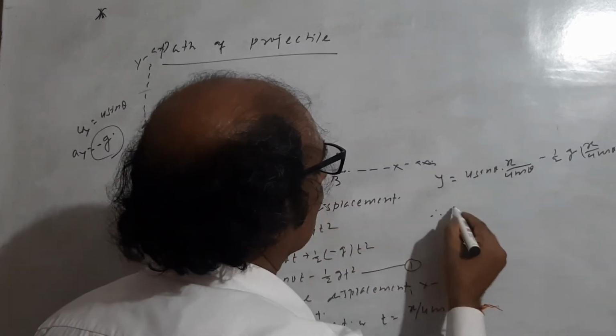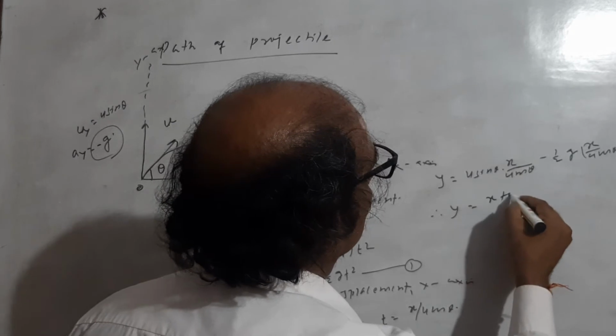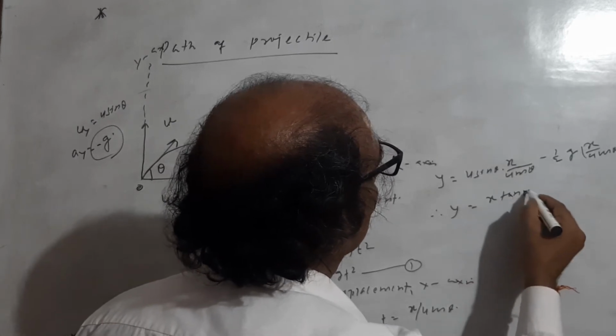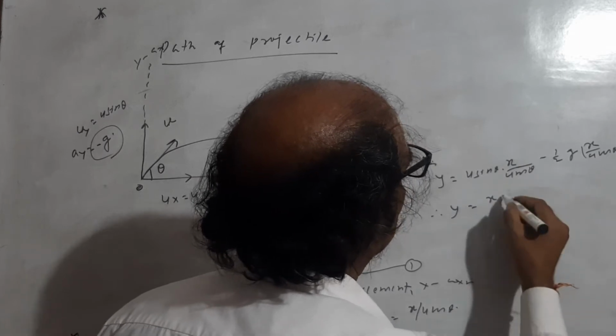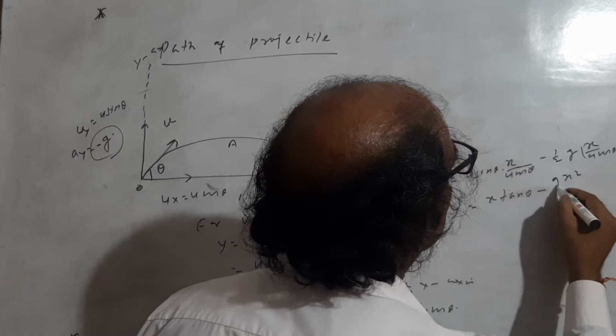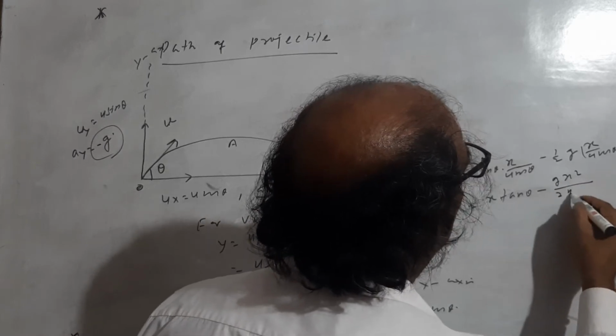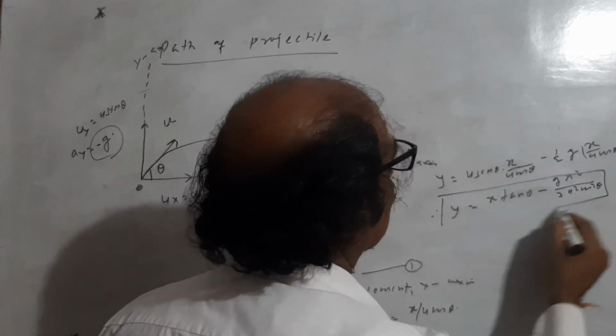So the final equation is y equal to x tan theta minus x square g by 2u square cos square theta.